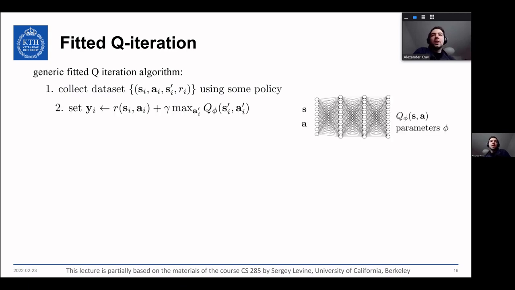On the next step, we feed this surrogate, which is the maximum of the Q function over trying different actions. So we update it with the reward and the maximum Q value of the state and action pairs.